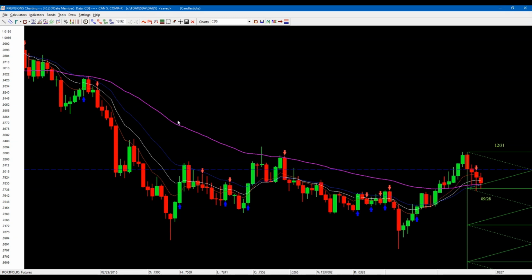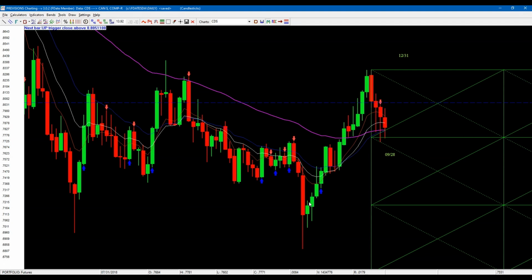So this line has really held resistance for quite a long time, and as long as the market traded below it, we can safely say that the long-term trend in the Canadian dollar futures is bearish. But then things changed not too long ago.